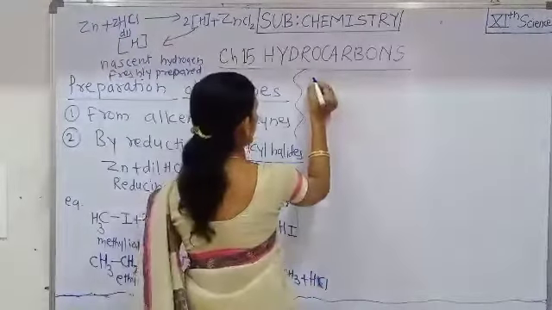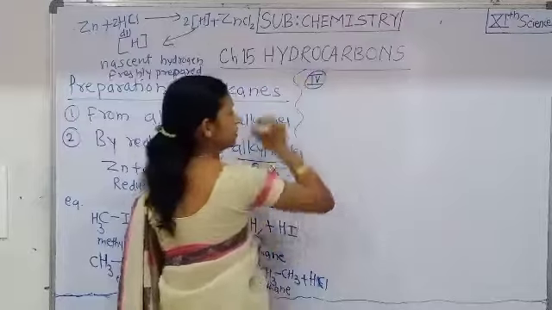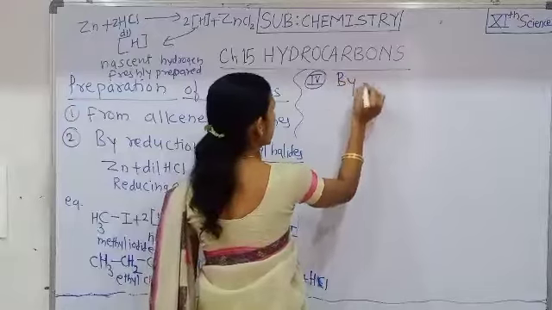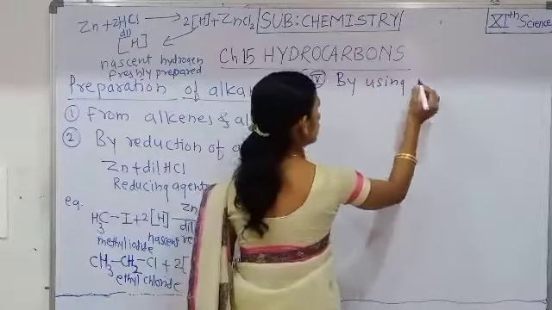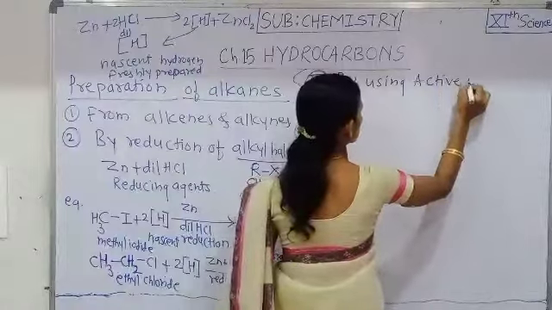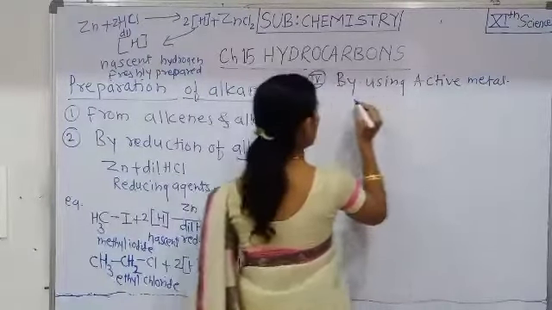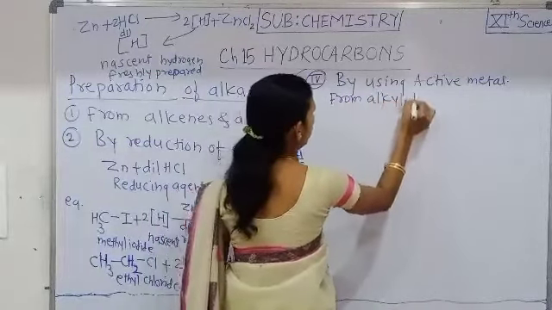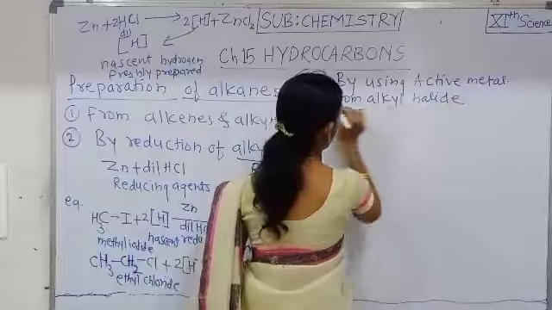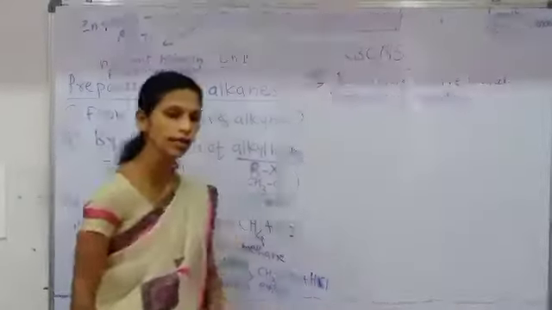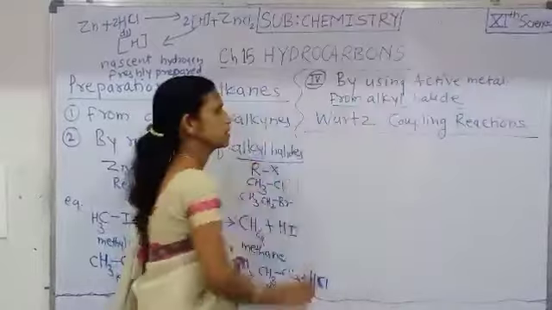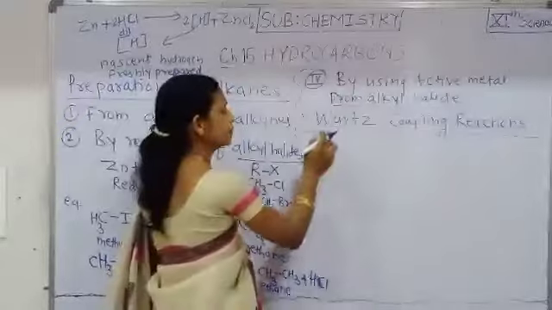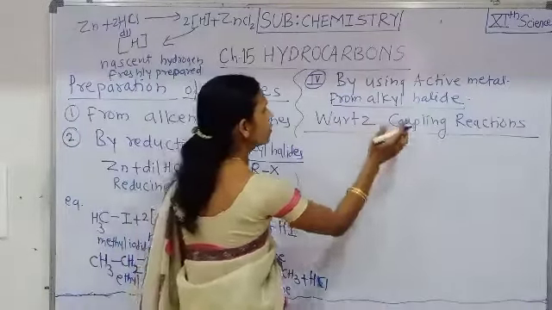Then one more preparation method is by using active metals. Alkanes are prepared from alkyl halides, and this is known as the Wurtz coupling reaction.